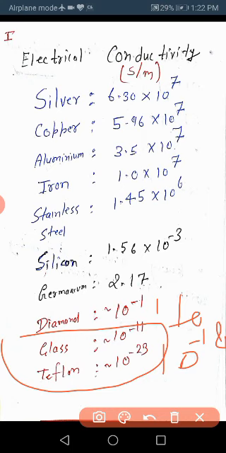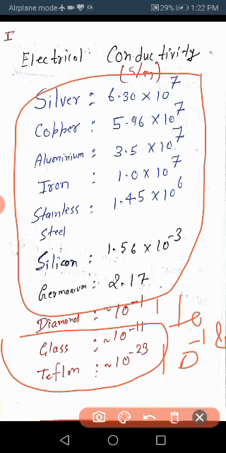You can find accurate values on the net and from reliable sources. For the insulators, we need not bother about the conductivity value because they are not used for conduction.